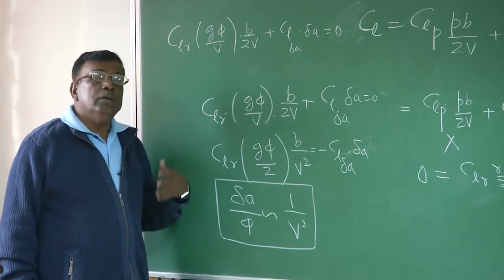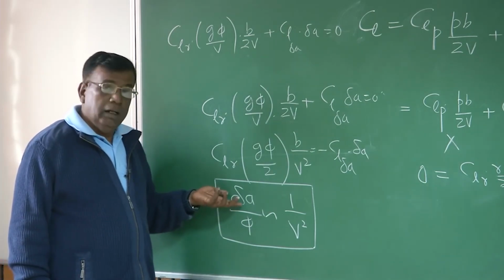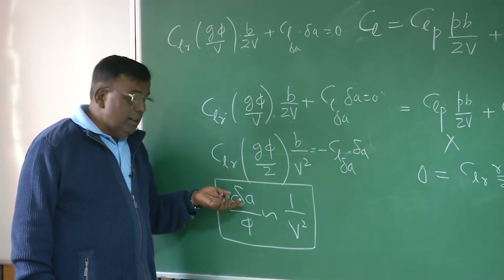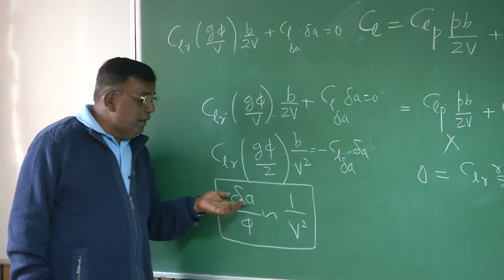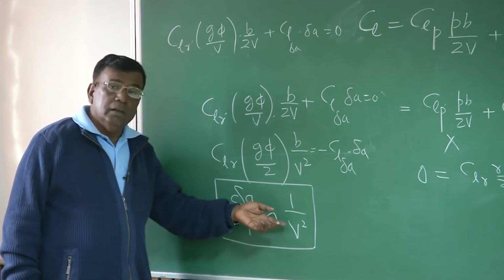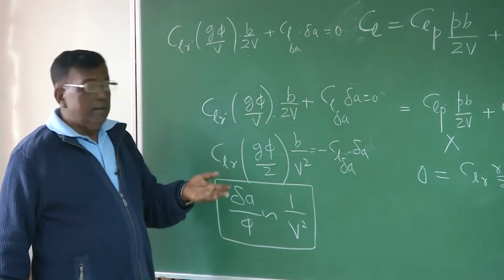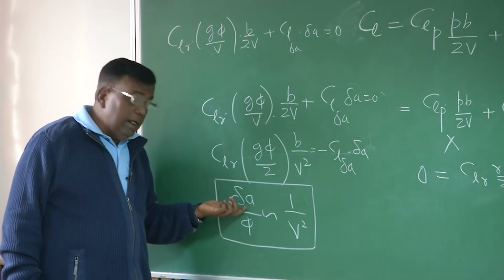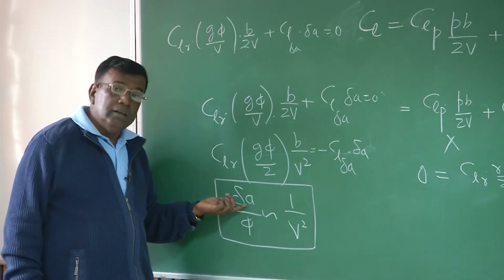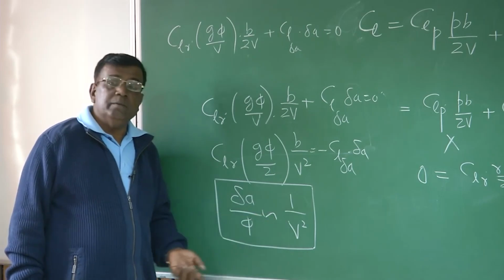As you make a bank angle change using an aileron, as I increase the speed, the ratio will go on decreasing. It goes inversely. This you can easily check from your experimental result, because you have the data available: aileron deflection, phi through the turn bank indicator, and V from the airspeed indicator.